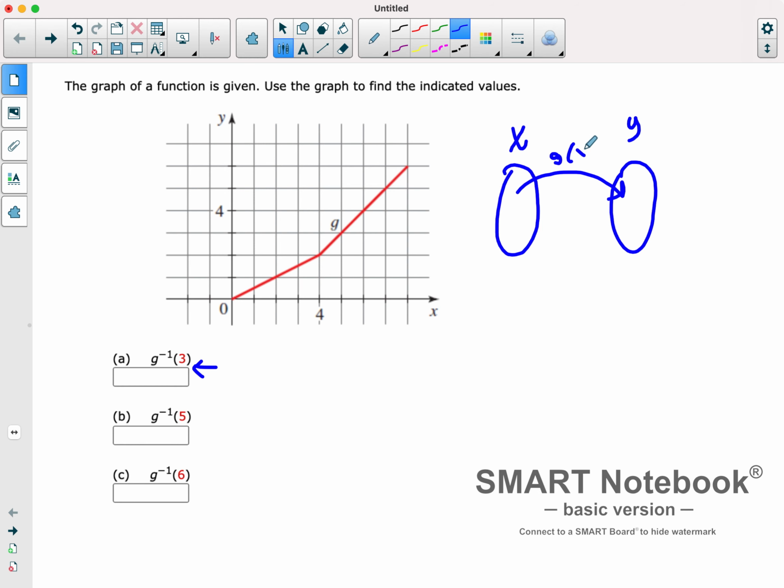So that was our g of x function. G inverse is what takes that value back. So if I'm putting 3 into the inverse to figure out what that would map to, we could look at it with the original g of x function, because you're saying what x value would have mapped to 3 on the original g of x.